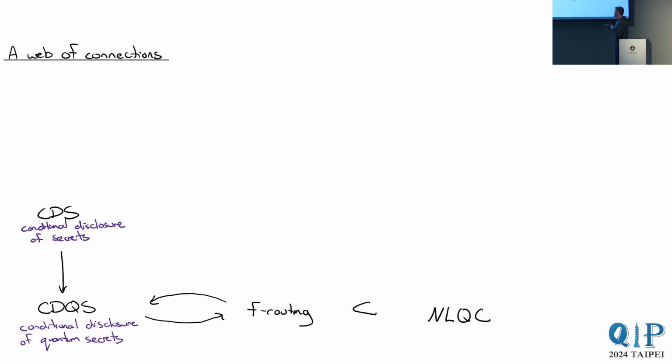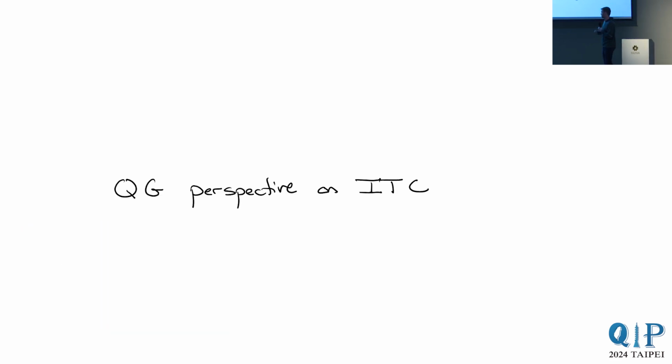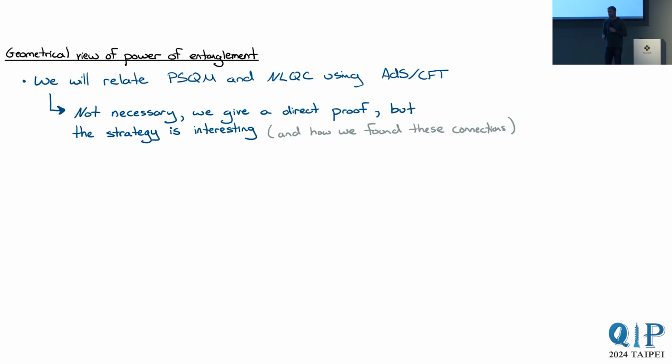Before I do that, though, I want to introduce another connection between this other primitive, PSM, and NLQC, which I'll do now. The way I'm going to relate that primitive to NLQC is going to be to use this quantum gravity perspective that I mentioned earlier. The first thing I want to say about that is that using the quantum gravity perspective is not necessary.